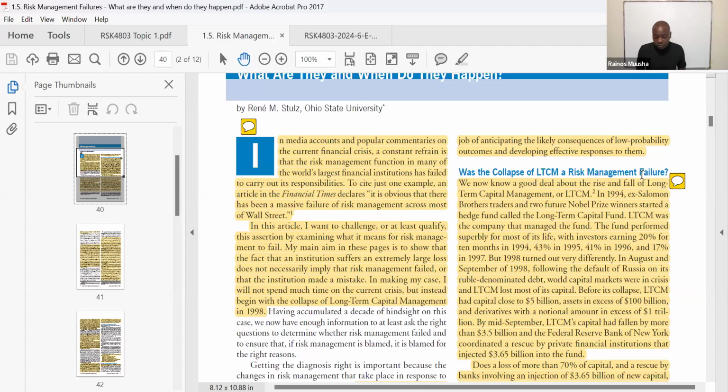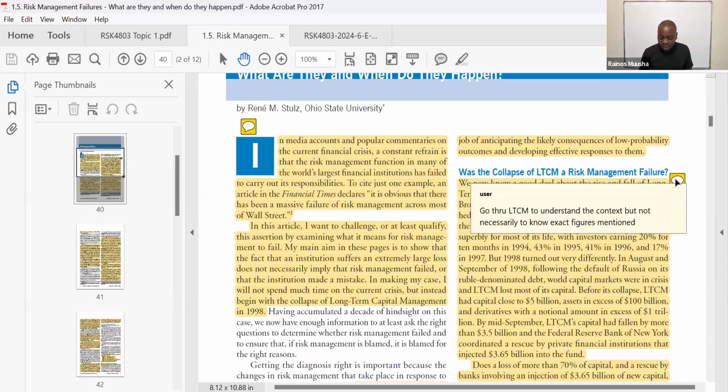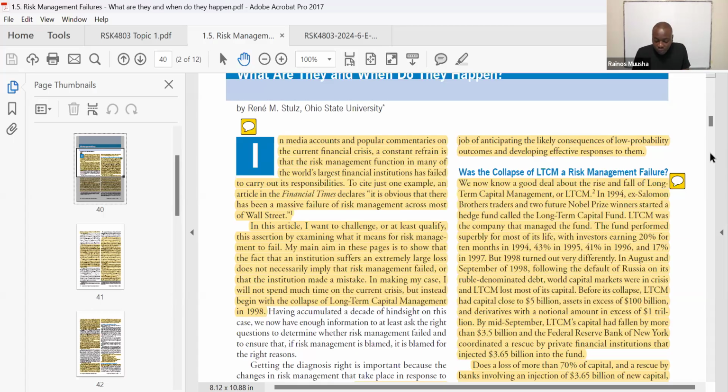So here they say, was the collapse of LTCM a risk management failure? We now know a good deal about the rise and fall of LTCM. In 1994, ex-Salomon Brothers traders and two future Nobel Prize winners started a hedge fund called Long-Term Capital Fund.